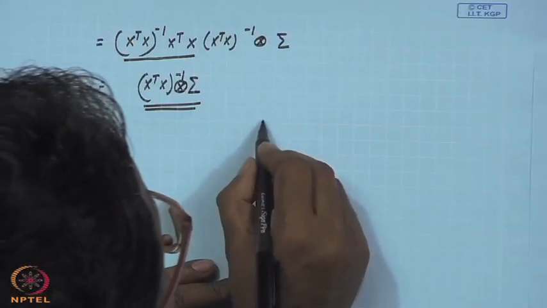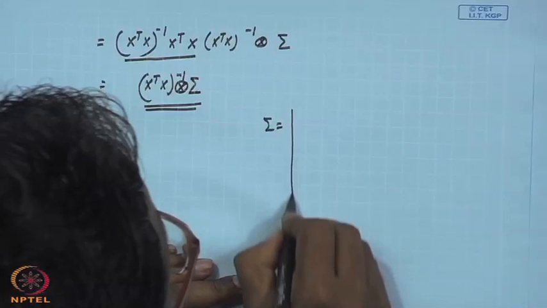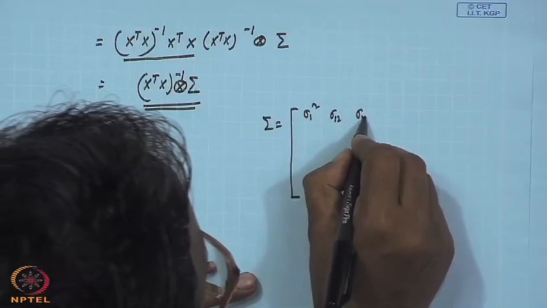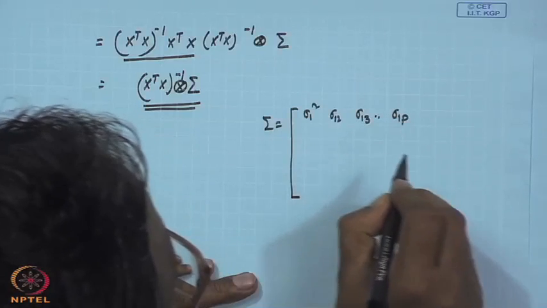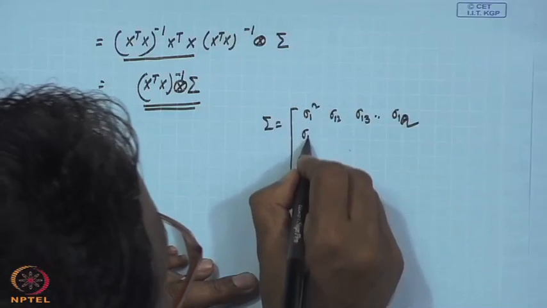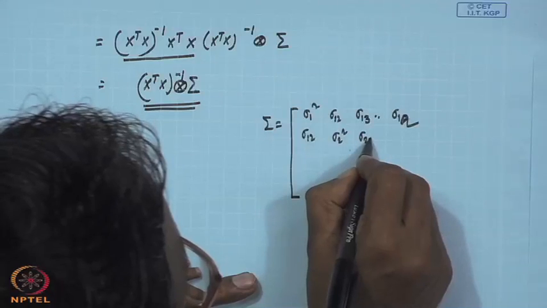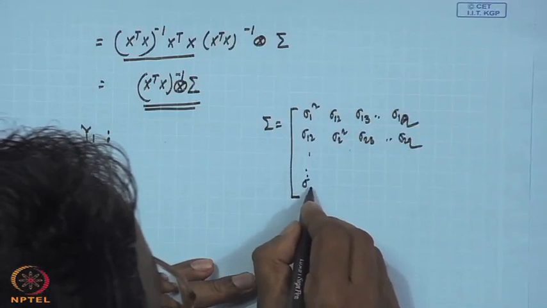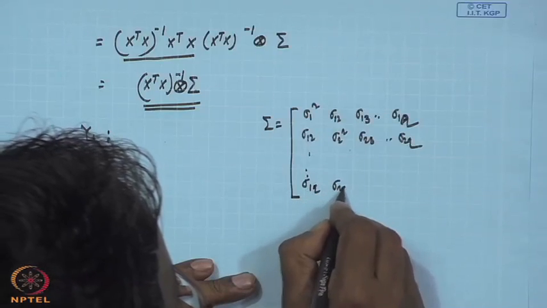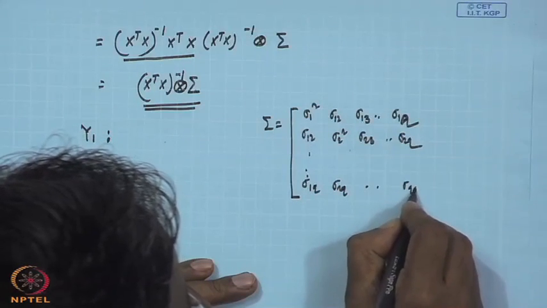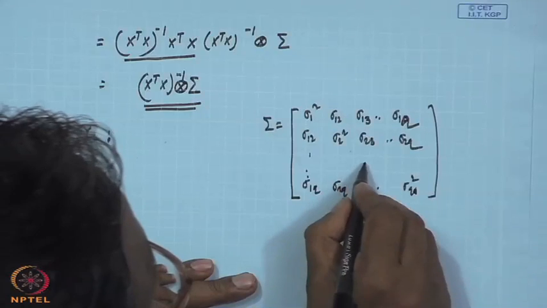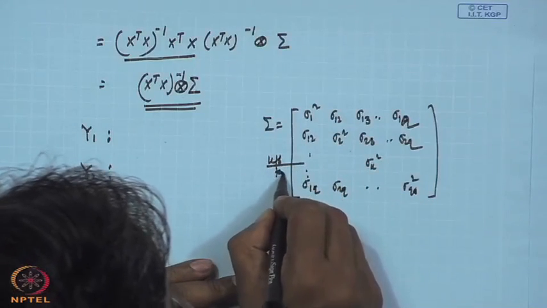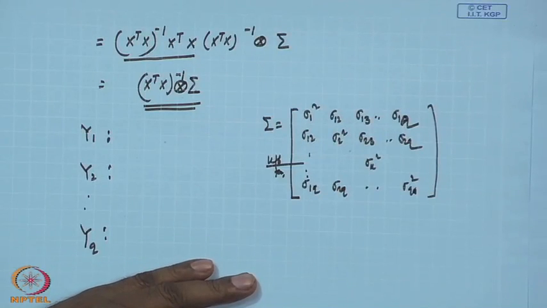So, you will be using sigma, I think I have given you earlier also: sigma 1 square, sigma 12, sigma 13, like this sigma 1q, then sigma 12, sigma 2 square, sigma 23, like sigma 2q, and in this manner sigma 1q, sigma 2q, like this sigma qq, which means sigma q square. Somewhere there will be sigma k square for the kth term. Okay.